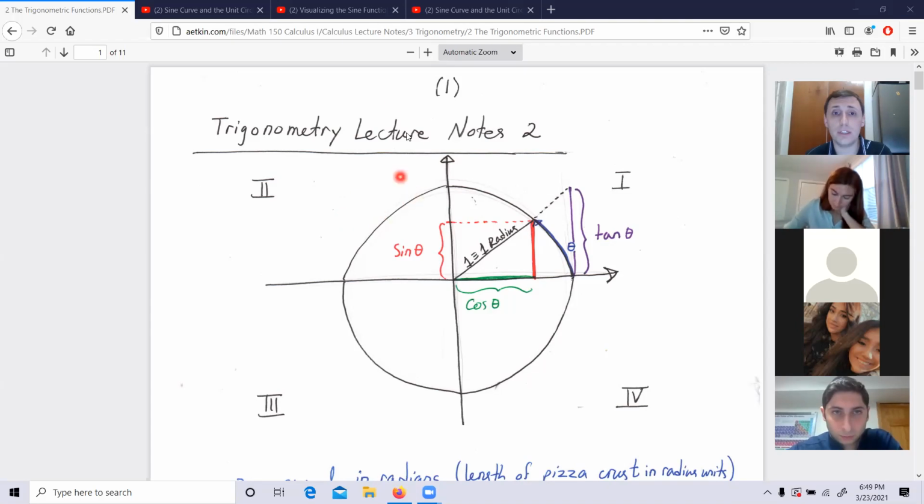In the second quadrant, you also have to tell me, is sine positive or negative? You see this thing, guys? This rope is measured against the positive y-axis, which makes it positive.